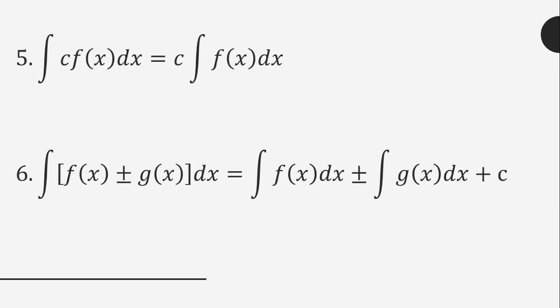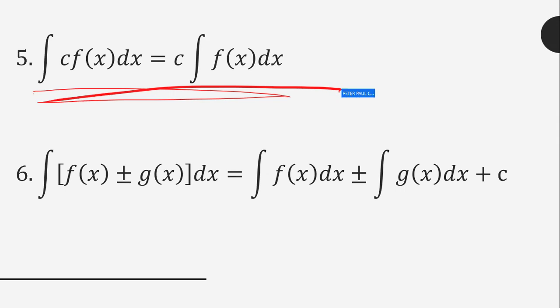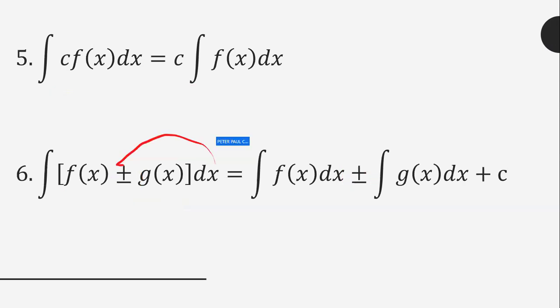For number 5, look at this one. The constant value c will just appear after the integral sign. So this is the constant multiple theorem. And of course, we have the sum theorem or the difference theorem, so it will depend on whatever value you have. But what happens here is you distribute your dx.